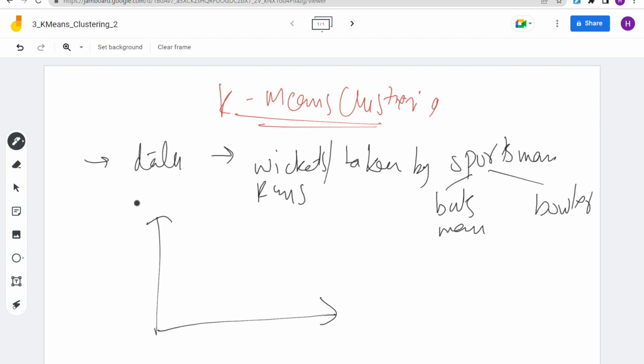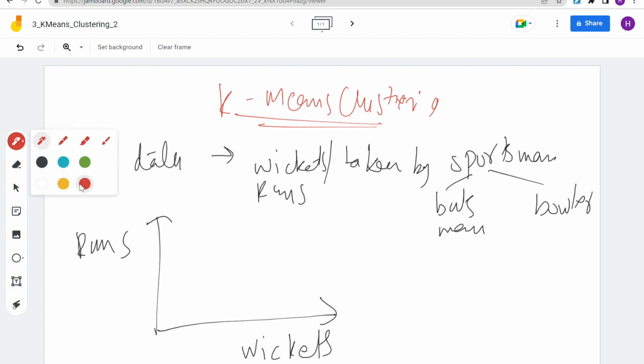So we have a data set, and here on this axis runs and this axis wickets. Okay, and the data set looks something like this. This is a pretty standard example.